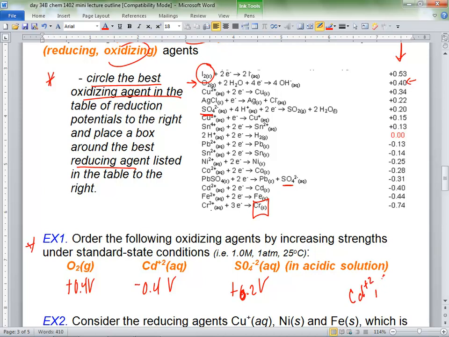Cadmium, sulfate, and oxygen. So if you had all these guys in solution, all of them will react with electrons, but the one that's going to grab onto them first is going to be the oxygen, right? The other guys just, it's not going to happen.